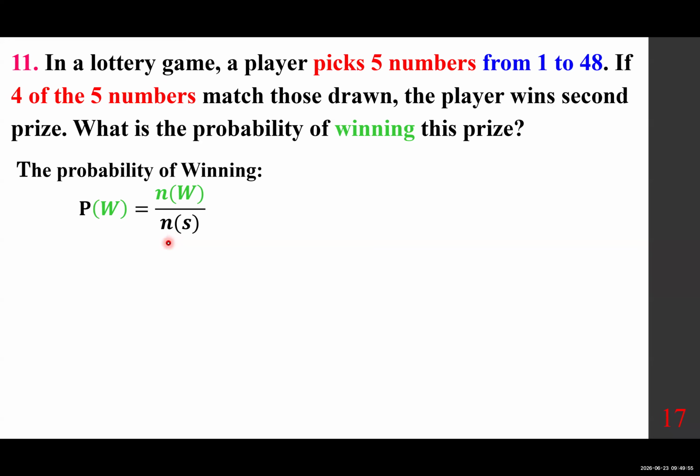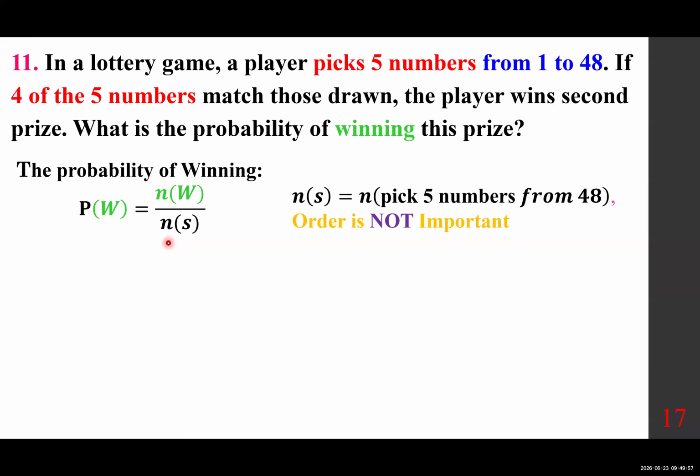How many possible outcomes? So n of s, we want to pick 5 numbers from 48. Order is not important because they didn't say anything about the order. We just want to pick 5 numbers from 1 to 48. So it's a combination where n is 48 and r is 5.